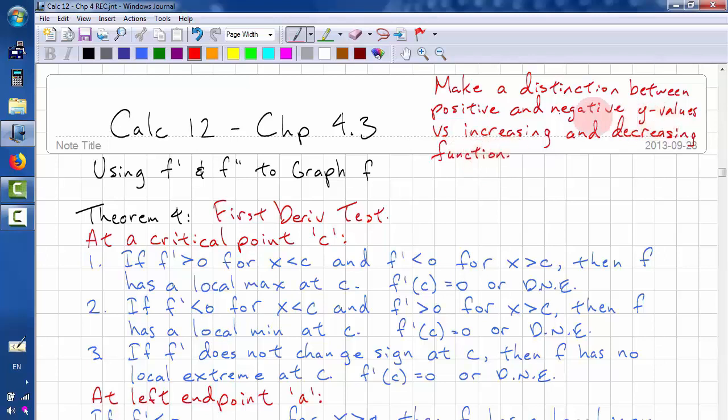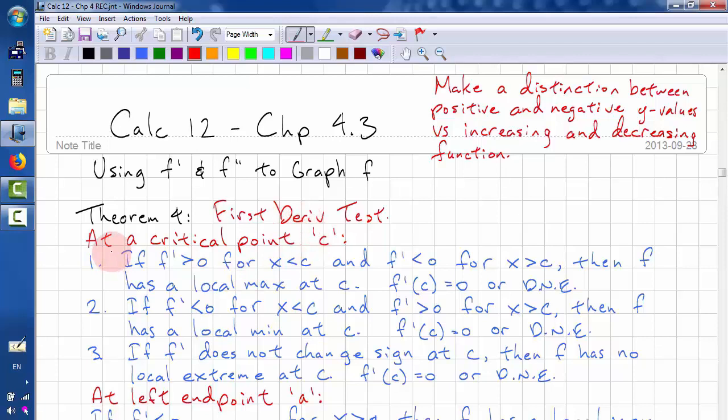Just because a y value is positive does not make the function increasing. And just because a y value is negative doesn't make it decreasing. It's whether the slope is going up or down that makes it increasing or decreasing. Okay, so the first derivative test.